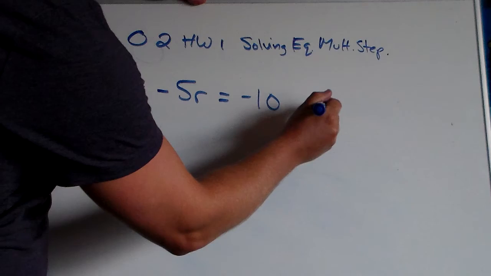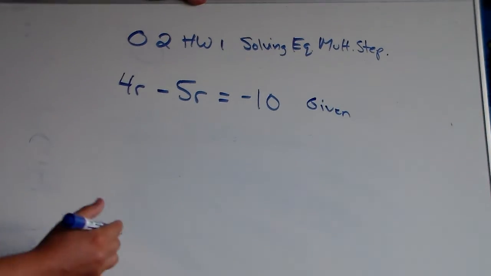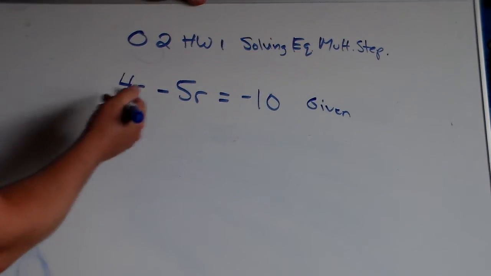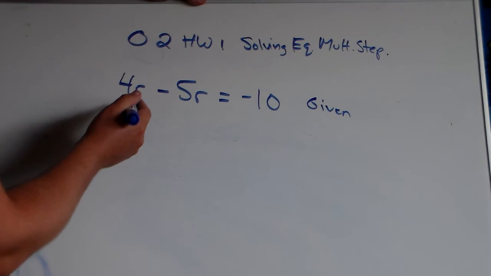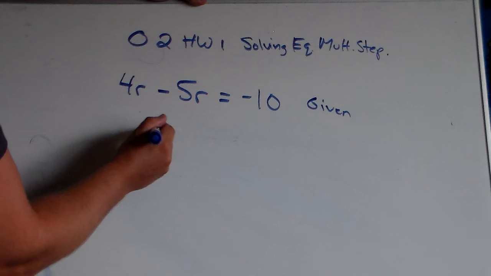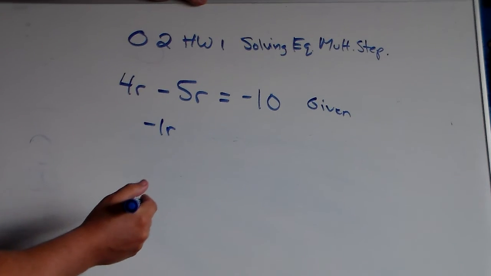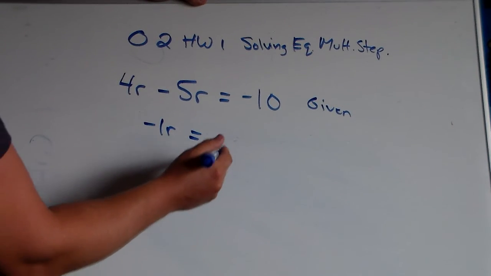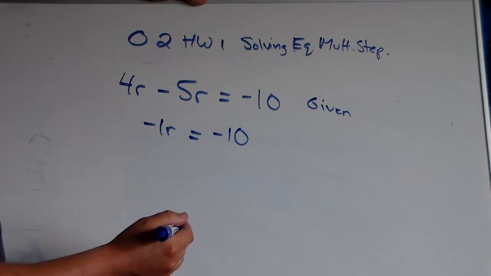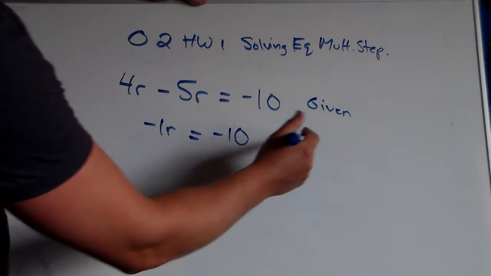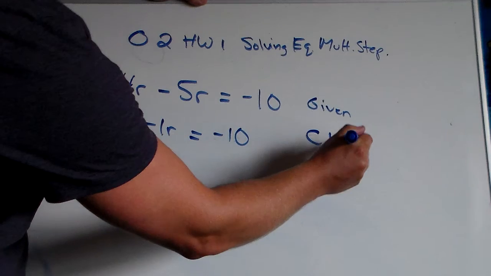This is what's given to us for problem number 5, so we write given. We ask ourselves on the left-hand side, is there any like terms we could combine? Well, positive 4r minus 5r, those like terms can be combined to negative 1r. Carry down the equal sign, equals negative 10. So what we did was combine like terms.